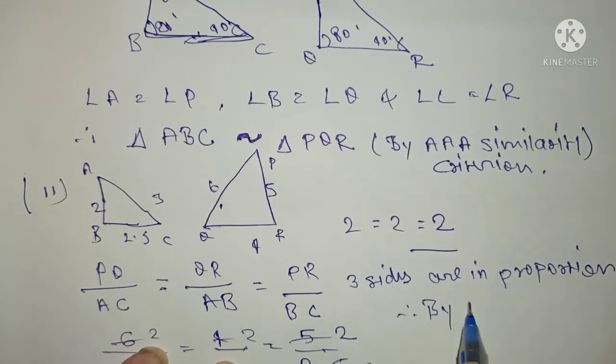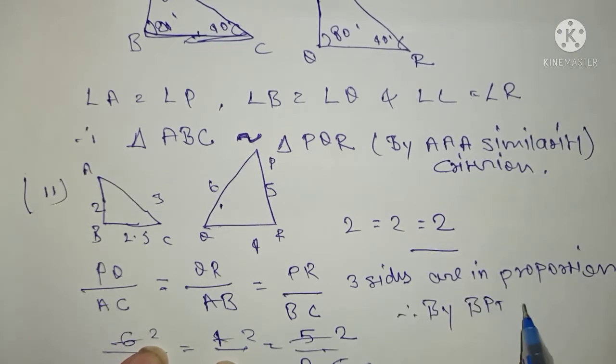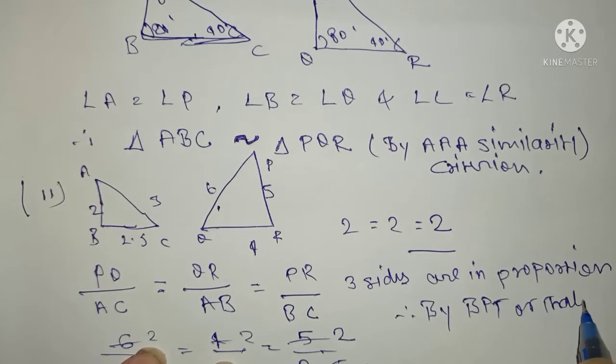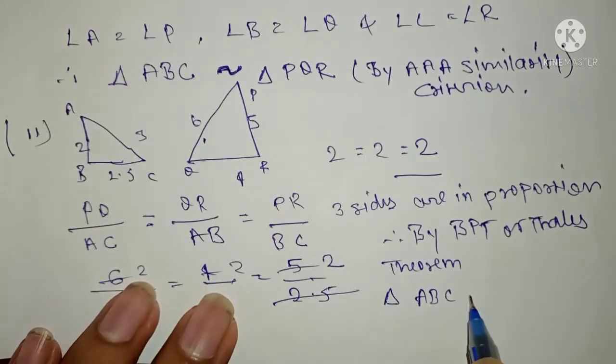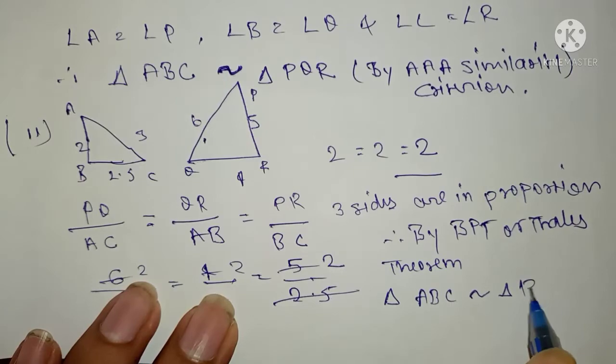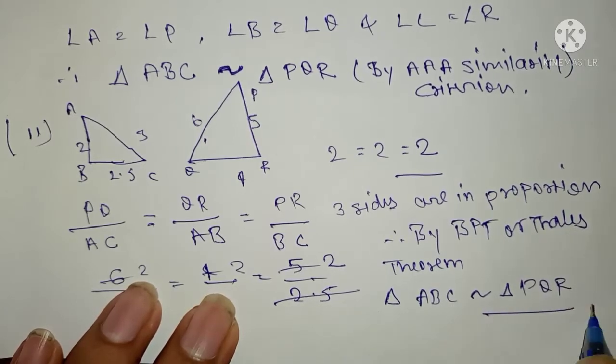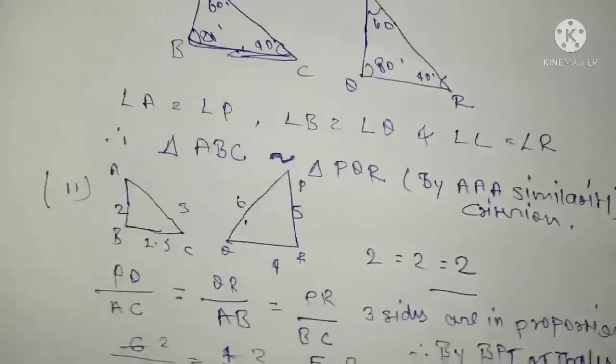Therefore, by BPT, basic proportionality theorem, or Thales theorem, triangle ABC is similar to triangle PQR, and hence it is proved.